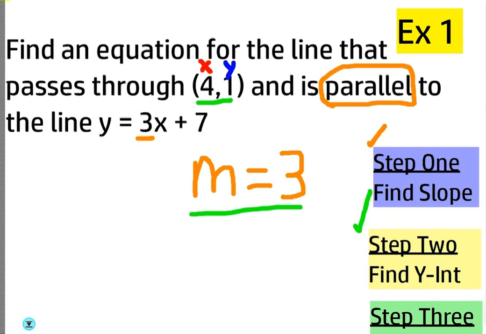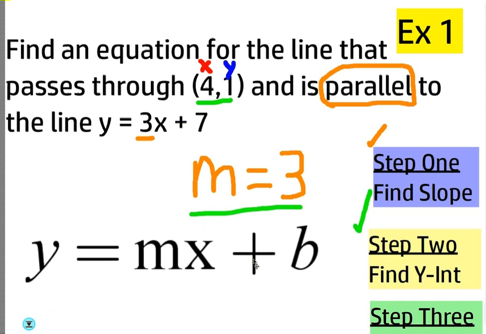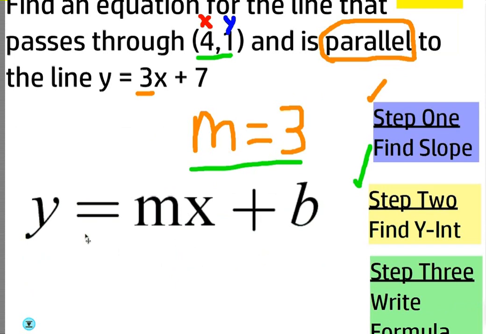Let me get you started. What's the equation for a line in slope-intercept form? So now we have this equation. How do you think you can solve for b? I'll give you a hint. You're already given most of the information up here. You put the numbers where they go. What are you going to replace with y? 1, because that's what they gave you.